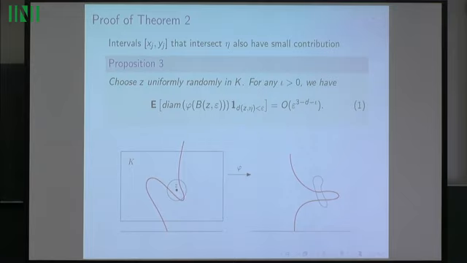So there is a 1 over epsilon number of intervals, and since the expected diameter is of this order, we get this big O of epsilon to the 2 minus d of diameter for the image, and since d is smaller than 2, this goes to 0. So now the rest of the talk I'll try to prove this proposition 3.